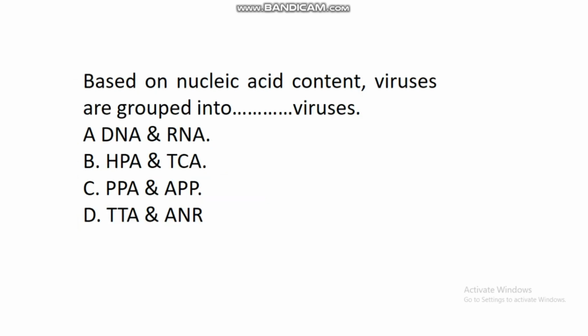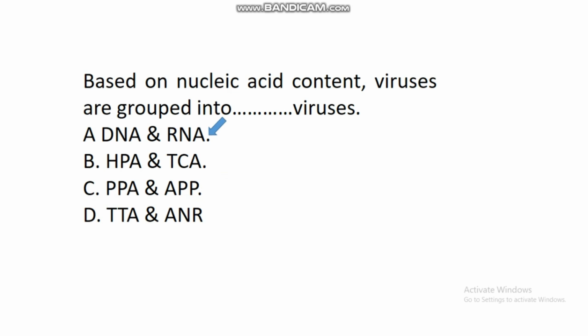The next question says, based on nucleic acid contents, viruses are grouped into dash viruses. A. DNA and RNA viruses. B. HPA and TCA viruses. C. PPA and APP viruses. D. TTA and ANR viruses. In this question, the correct answer is A. DNA and RNA viruses.